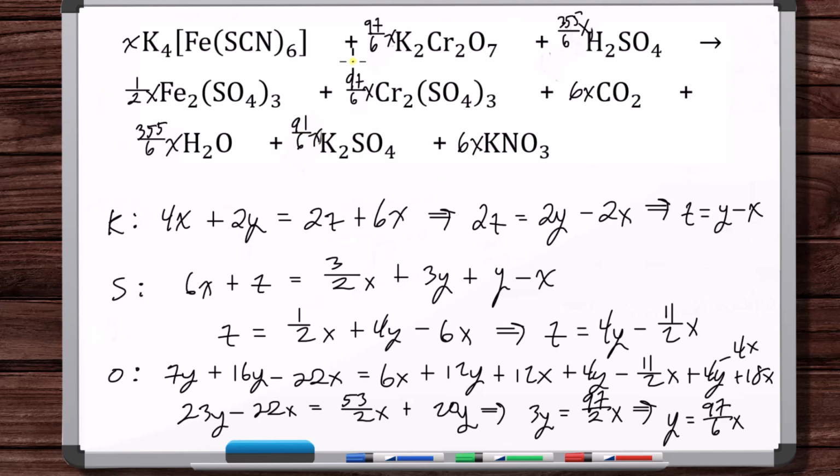Now we just need to multiply this entire equation by 6. If you multiply an entire chemical equation by a constant, it doesn't change the balance.